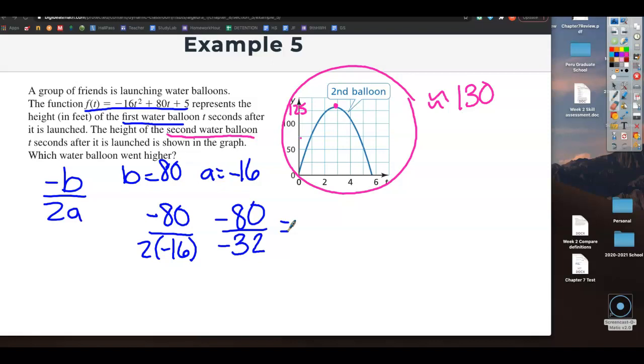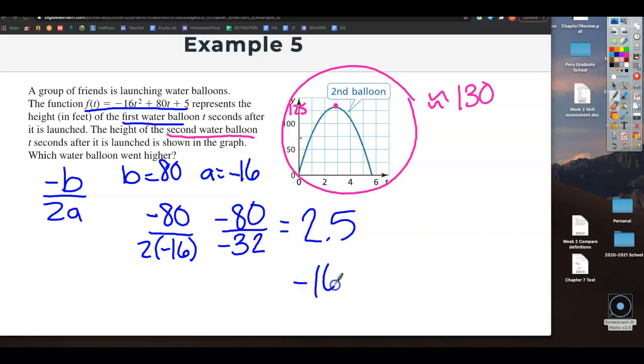Negative 80 divided by negative 32. You know your answer should be positive because a negative divided by a negative is a positive. So, is this my x or my y? It's your x, so I have to figure out the y because that tells me the height. So what do I do with this 2.5?